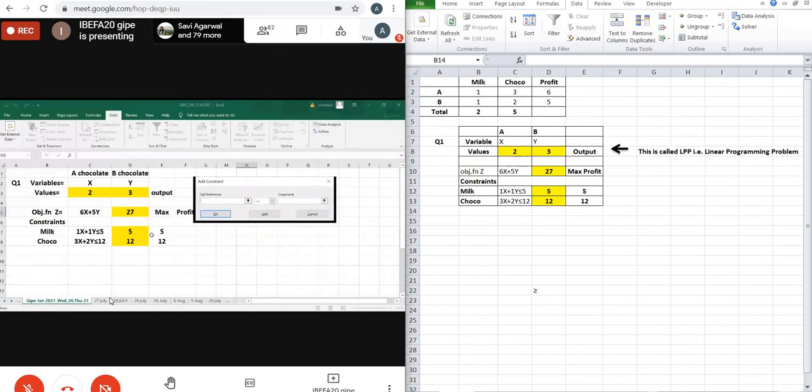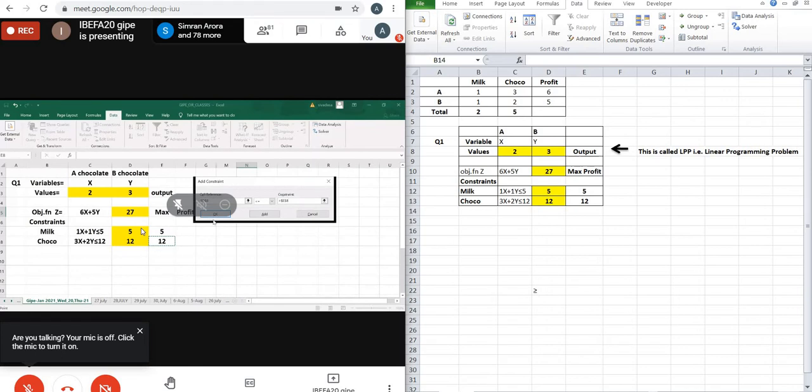First, milk constraint D7 less than or equal to 5. E7. Add. Choco constraint D8 less than or equal to 12.